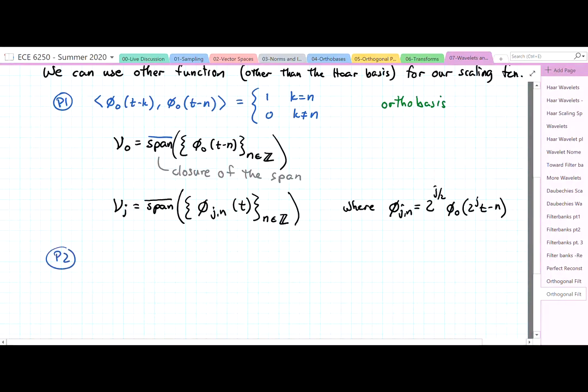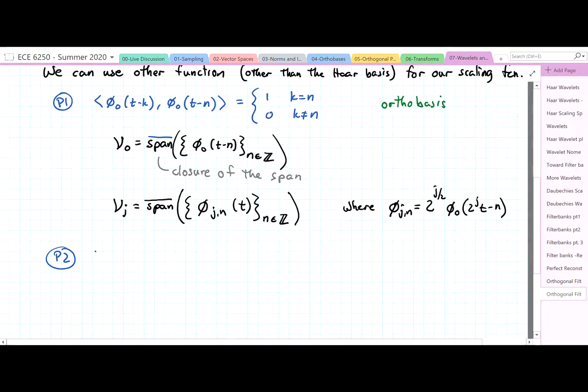So far with property number 1, we said we have some basis that spans some space V naught, and it is an orthonormal basis.